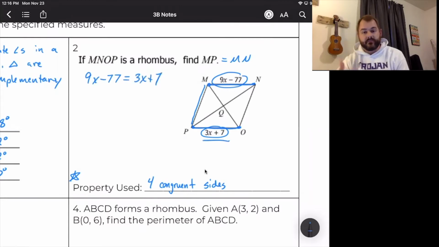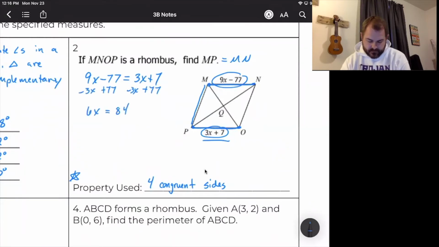And then we can solve that for x. And we get x should equal 14. When I do 84 divided by 6, that's 14. And as we move forward then, we need to plug back in, like I said, to one of those two expressions.